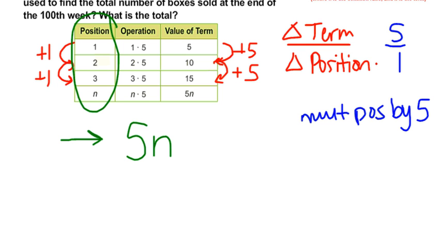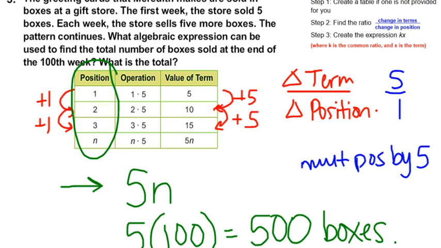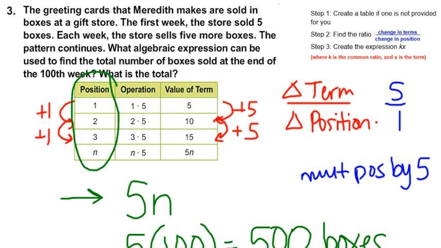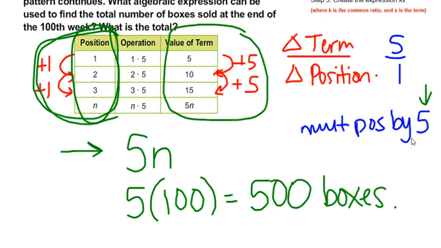So n is the number of weeks, so just 5 times 100, and that equals 500. At the end of the week, 500 boxes are going to be sold. Okay, so all we did here is we took our table, we found the change in the terms, we found the change in the positions, we found that ratio, which is 5, then we created the expression 5 times the number of weeks, and then all we did was substitute at this point and then solve.